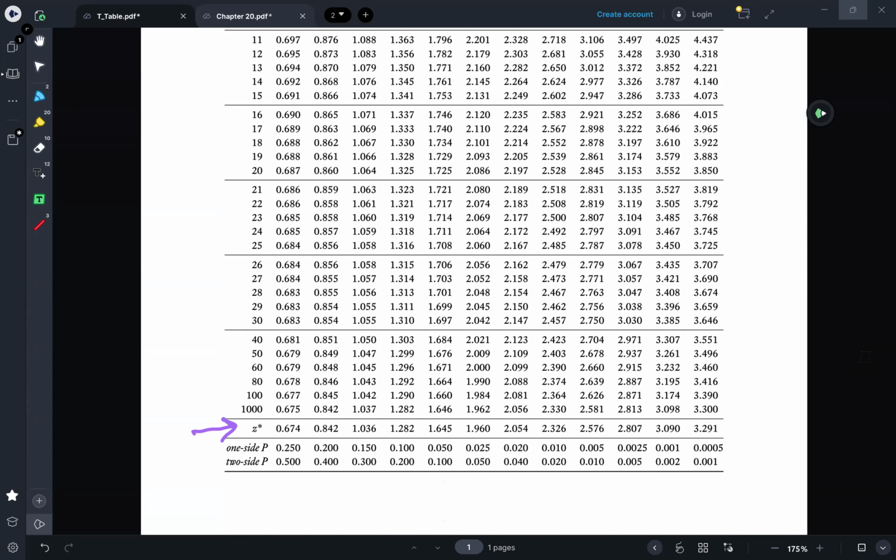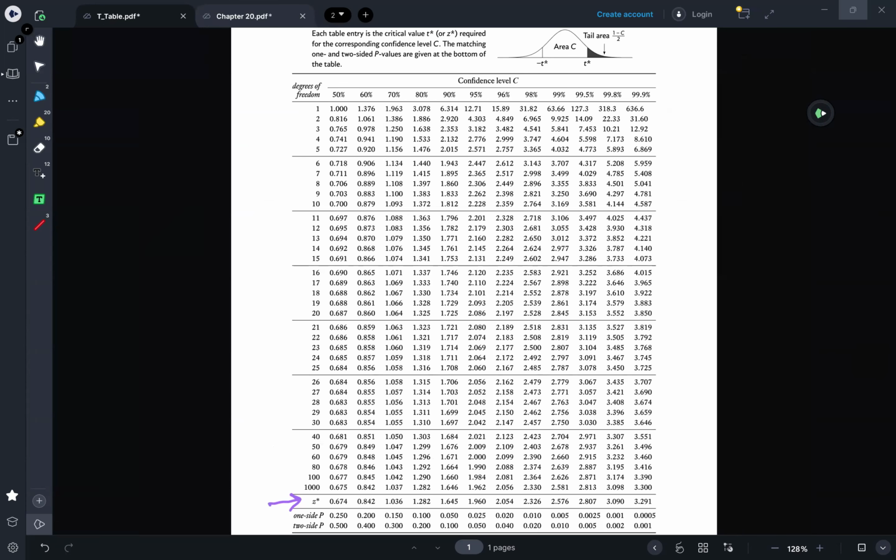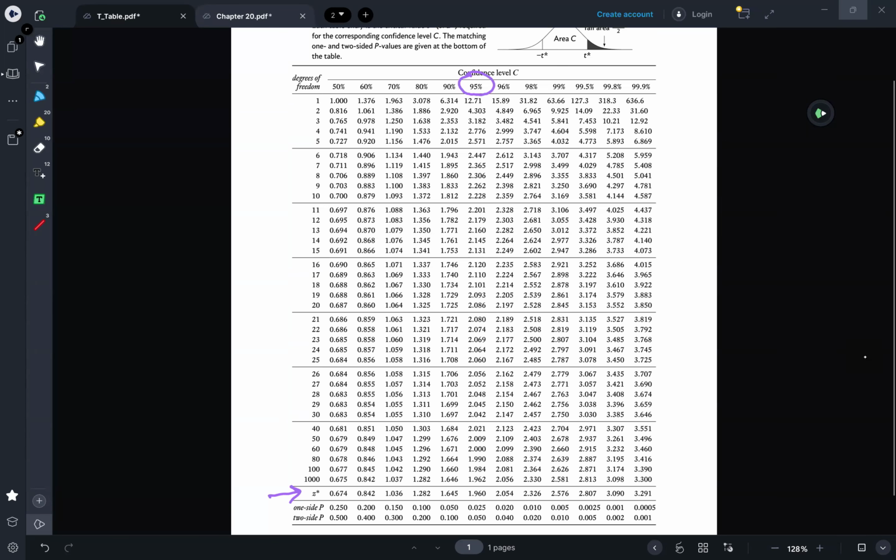You'll notice along the bottom, here's our Z. These are our Z stars. And if you look at the column, I'm just going to shrink it down. If you look at the column that says 95%, and you go down to the Z, you're going to get the value that I've been saying memorize. So a 95% confidence interval corresponds to 1.96.